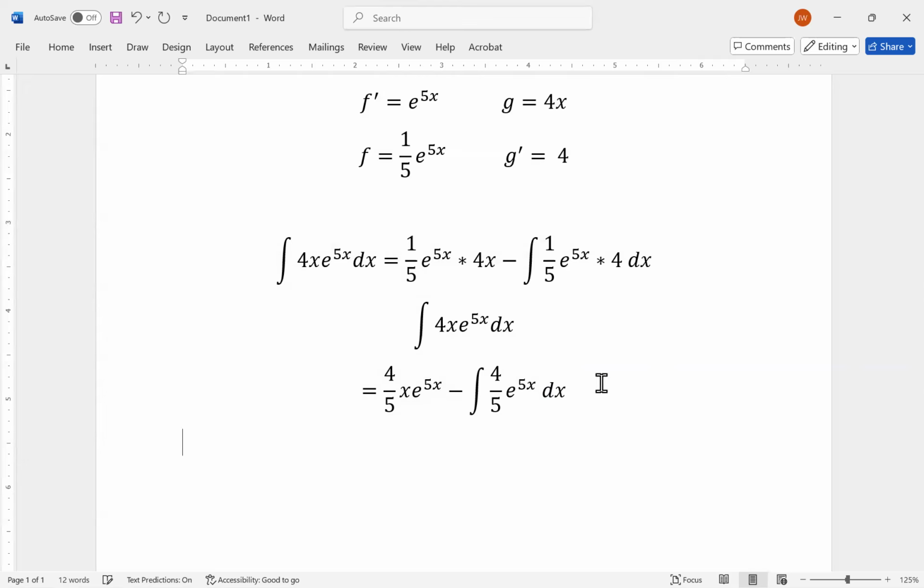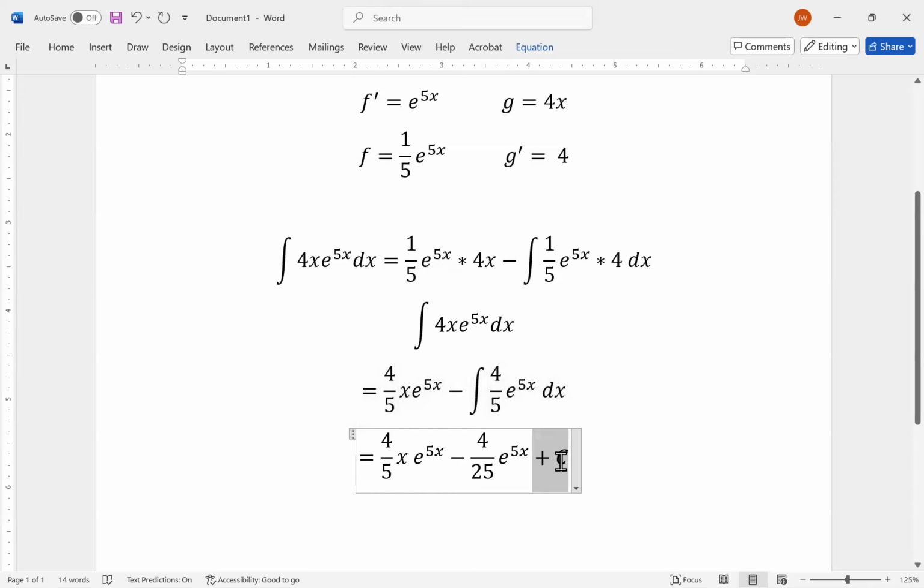So all I have to do is a simple integration on that right-hand side to see that my final answer will be 4/5 x times e to the 5x minus, well, when I integrate e to the 5x, I'll get e to the 5x, and then I'll have to divide by 5, so that 4/5 will become 4/25. 4/5 divided by 5 is 4/25. And then at the very end, I'll tack on a plus c.